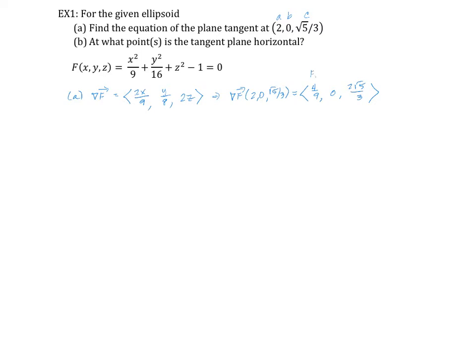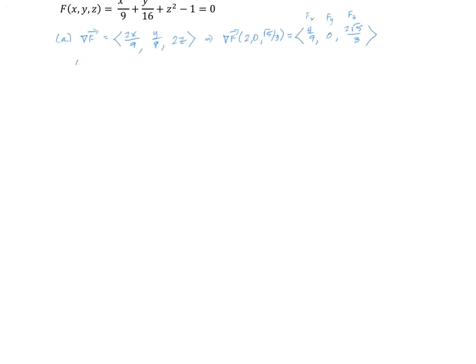Remember, this is the partial derivative with respect to x, partial derivative with respect to y, partial derivative with respect to z, which gives me the equation 4 over 9 times x minus a, which is 2, plus, since the second coordinate is 0, that middle term goes away with the partial with respect to y, and I just have my z, which would be 2 times the square root of 5 over 3 times z minus my c value, which is square root of 5 over 3. Set this equal to 0.